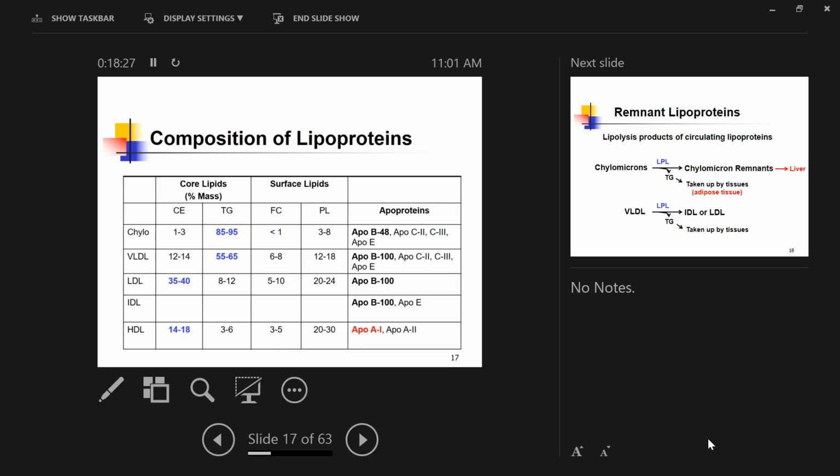But the difference is the ApoB that is present in chylomicron and VLDL. ApoB48 is the apoprotein present in the chylomicron. ApoB48 is synthesized in the small intestine, and chylomicron is also synthesized in the small intestine, so that makes sense.